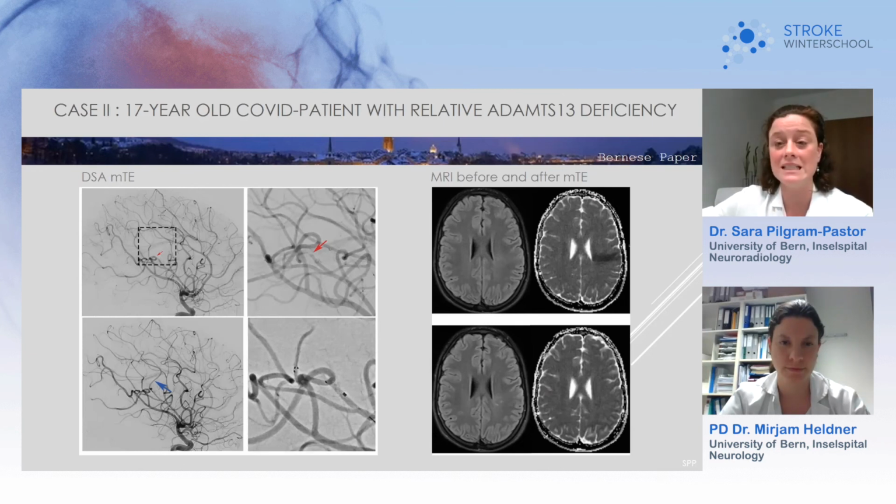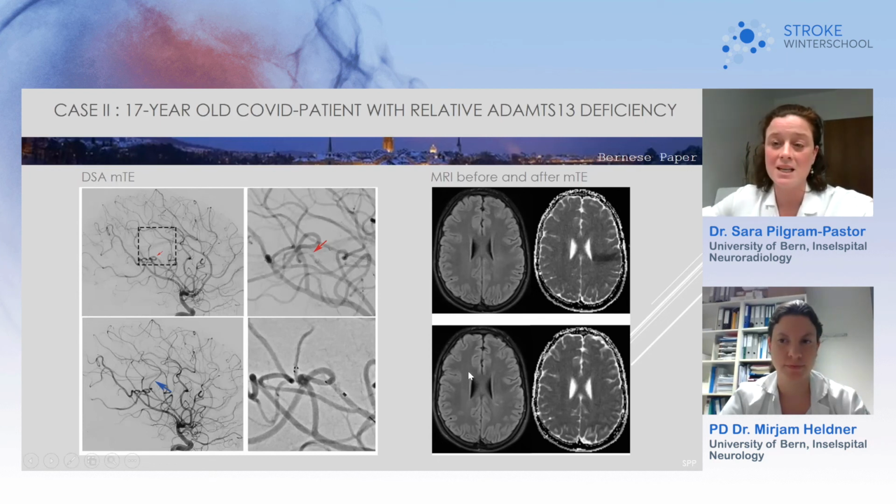It was a 17-year-old boy, which is rare in itself. And we could open the vessel with mechanical thrombectomy with a normal catheter. It was highly eloquent because he had an NIHSS of 10 and a hemiparesis before, and the MRI after showed that we could nearly undo what happened.